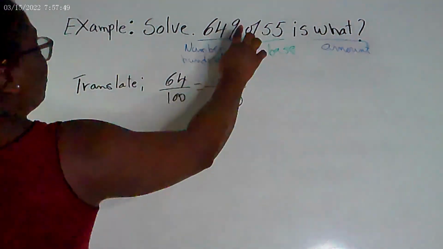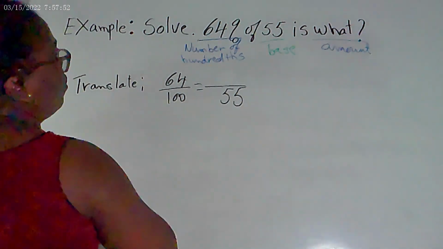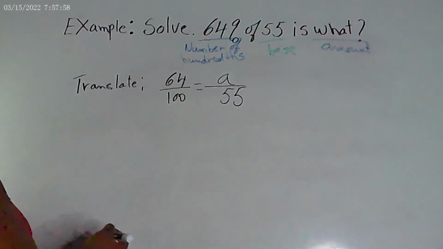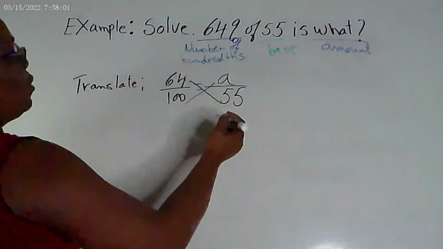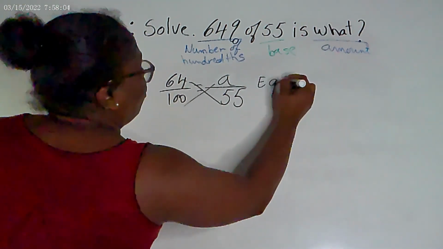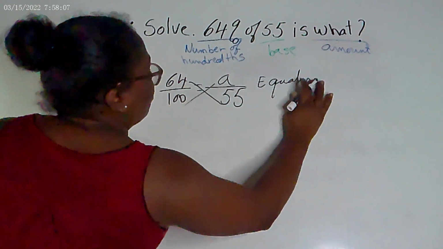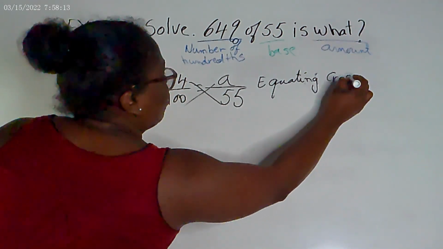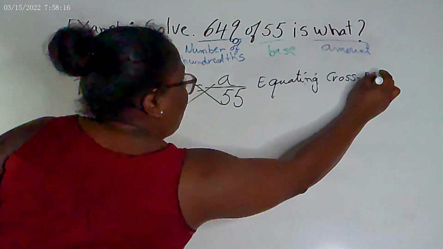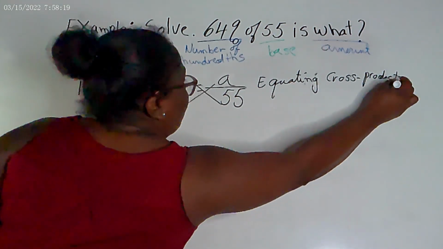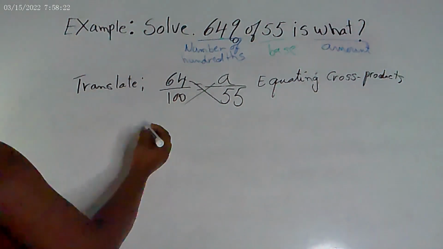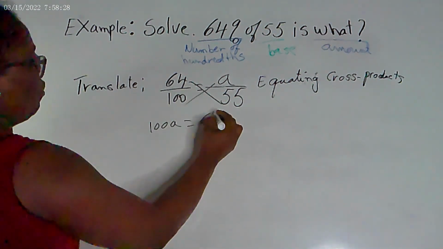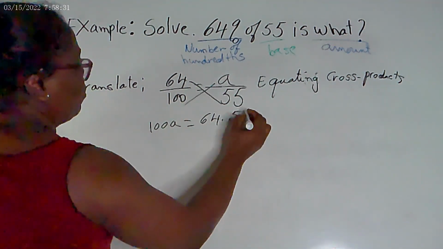So because this one is the amount, let's replace this one by a, the amount. Okay, so now we're going to do the cross product, that is called equating cross product. So now we're going to have 100a equal 64 times 55.